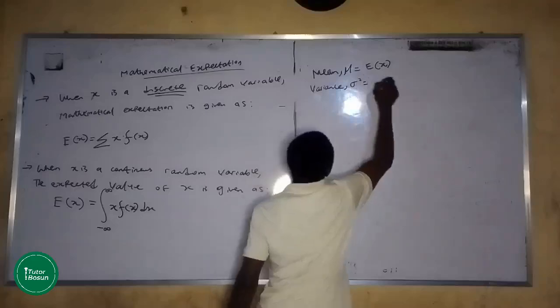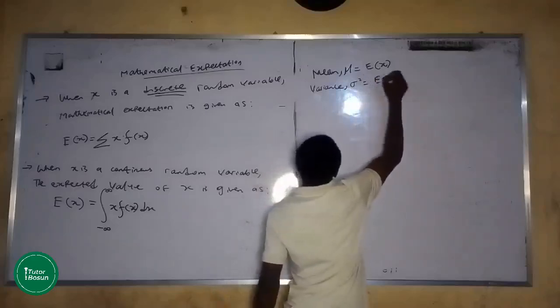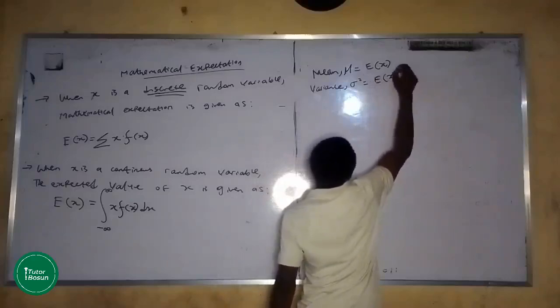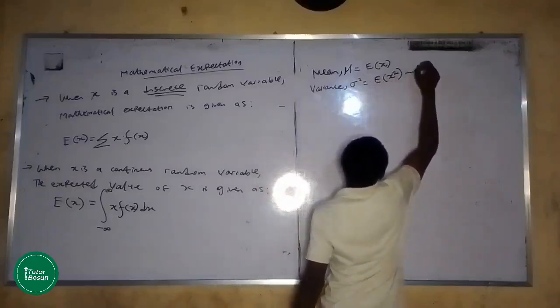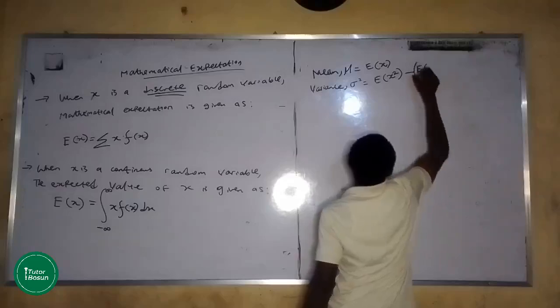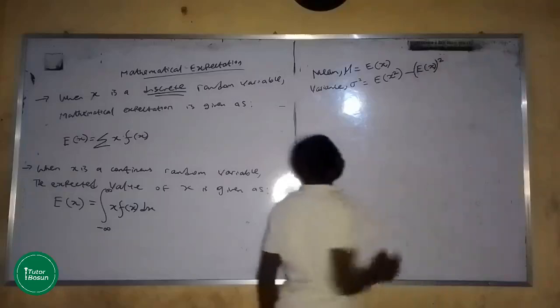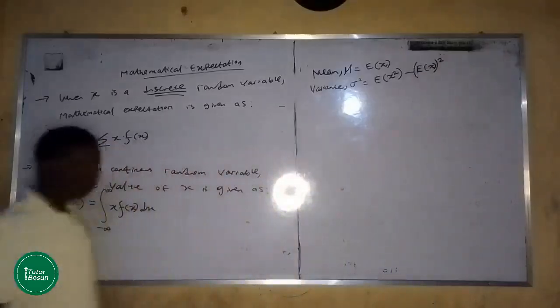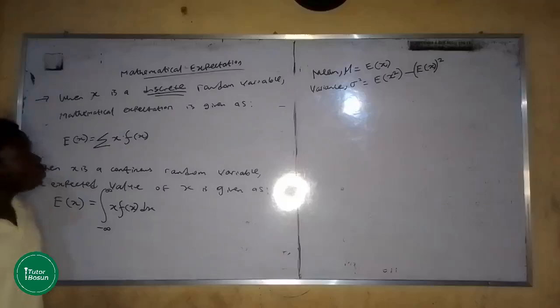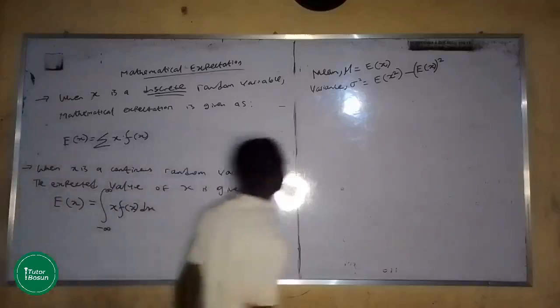sigma squared is equal to the expected value of x squared minus the square of the expected value of x.